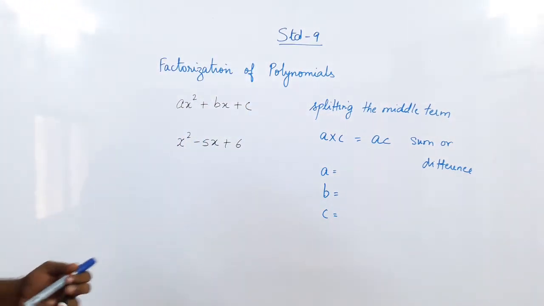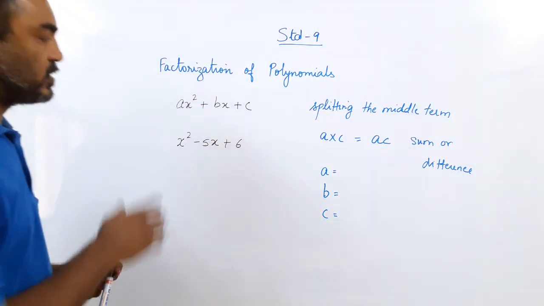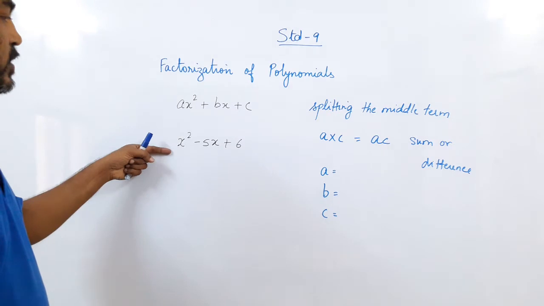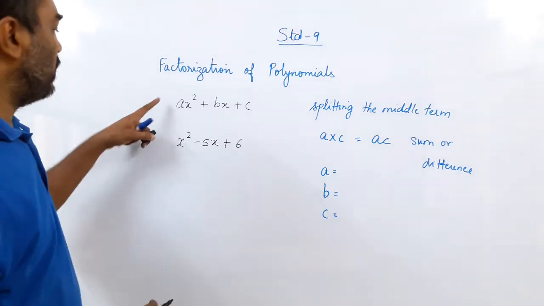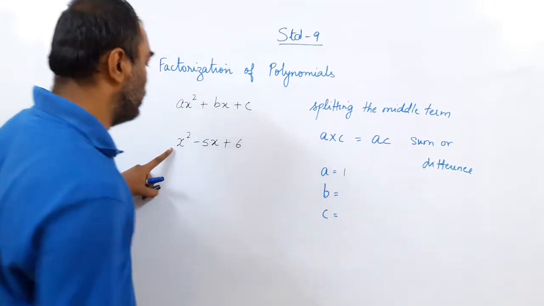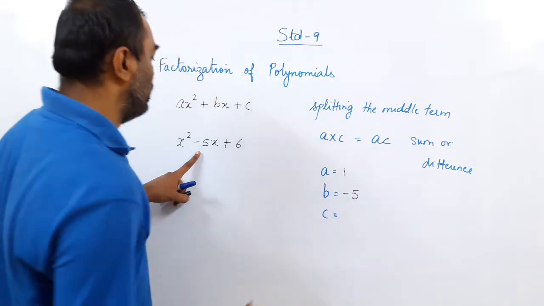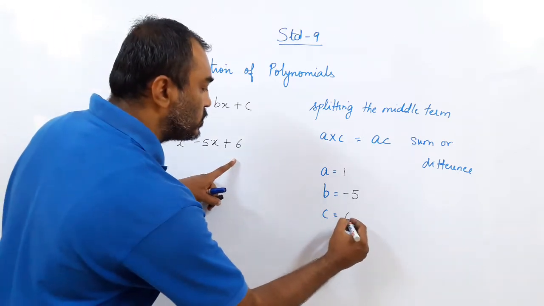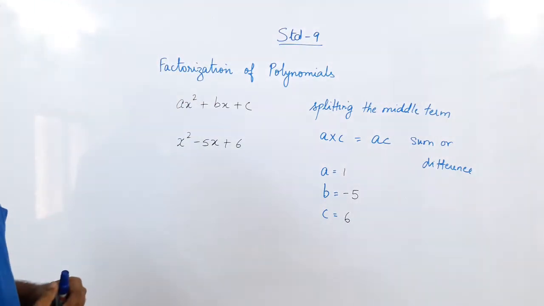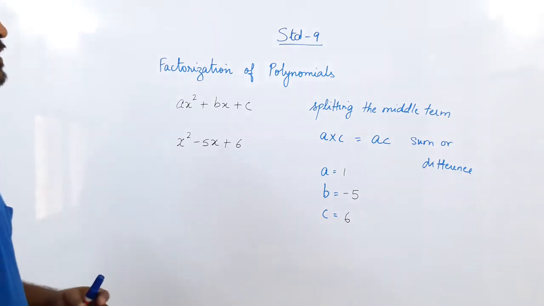With practice, we'll eliminate a lot of steps and go directly, but just now I want you to follow the steps. So compare the equation, you can see a is equal to 1, because when there is no number, we can write a is equal to 1. B is equal to minus 5 and c is equal to 6. Right? So you got a 1, b minus 5, c 6.